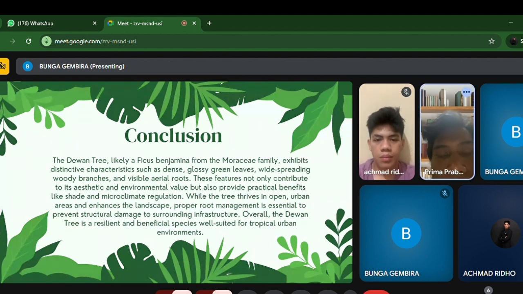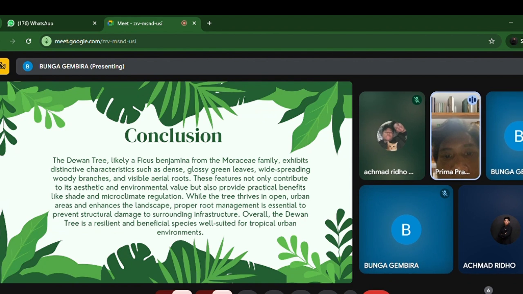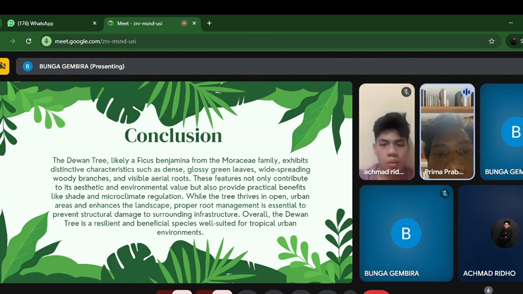Okay, the conclusion. The Dewan tree is likely Ficus benjamina from the Moraceae family. Its distinct characteristics are dense, glossy green leaves with spreading woody branches and visible aerial roots. These features not only contribute to its aesthetic and environmental value, but also provide practical benefits, like shade and microclimate regulation.